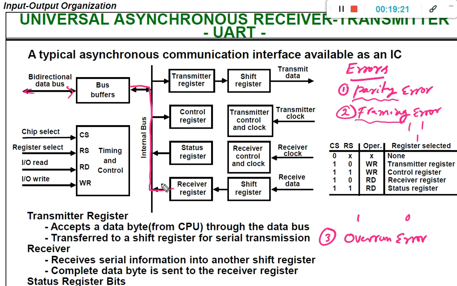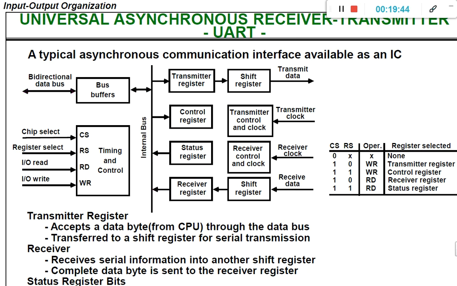Without receiving the data, if you send one more character, the previous character may be lost. Such an error is called an overrun error. So these are the three different types of errors that could occur during the transmission of the data.